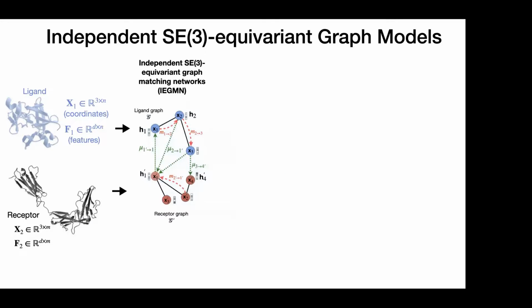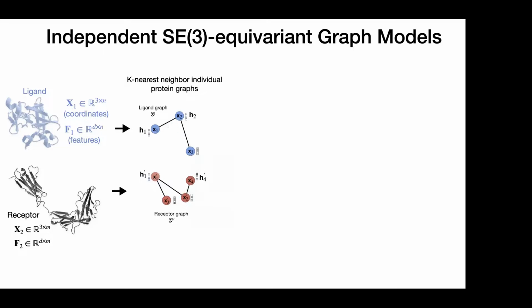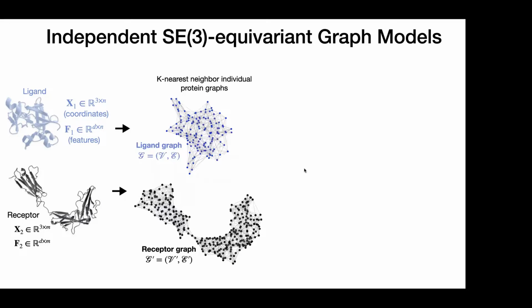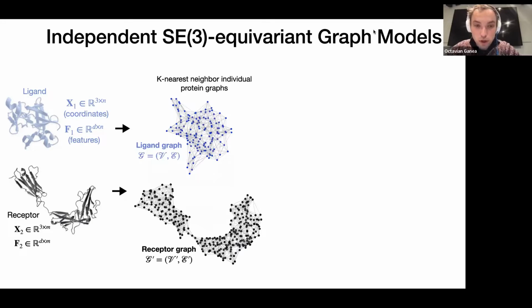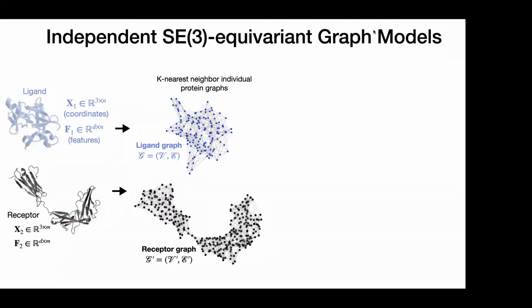Was there any consideration of graph connectivity? Are you talking about cross connections between the two proteins? Yes. The way you built your initial graph, I was wondering whether there was any special consideration why KNN.